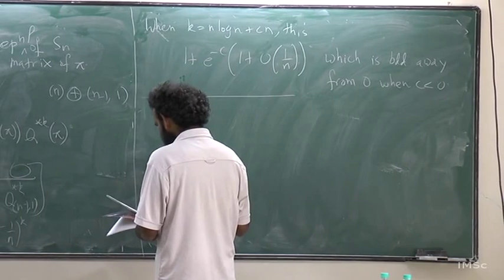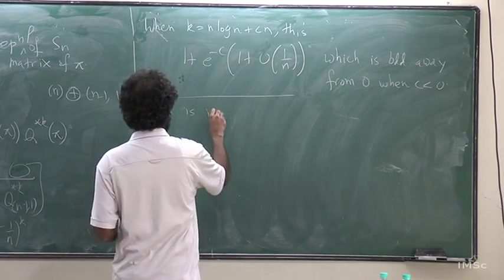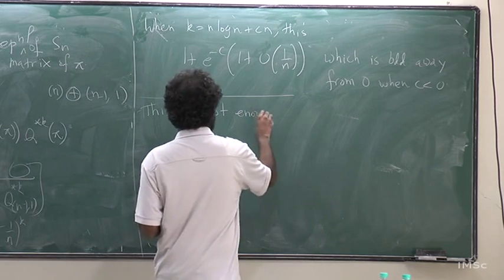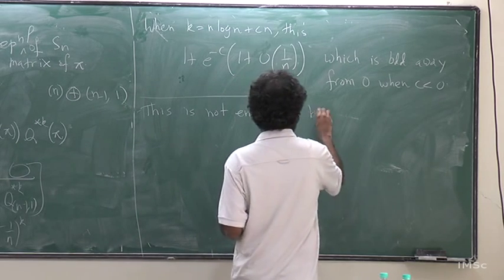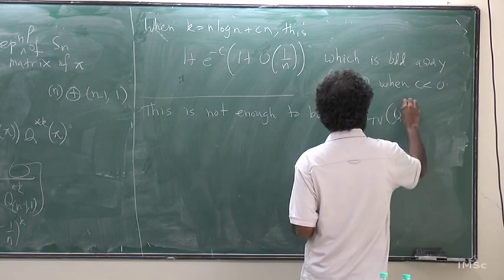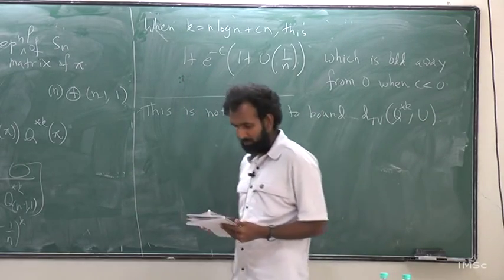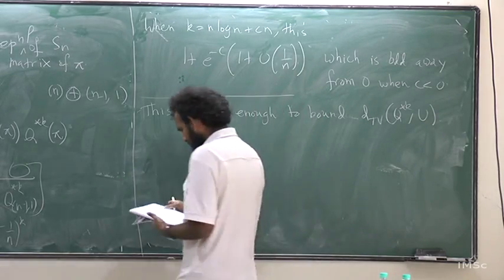So let me just remark that this is not enough to bound dTV of q star k and u. We need some control on the second moment.